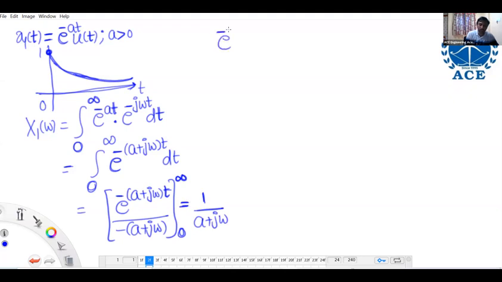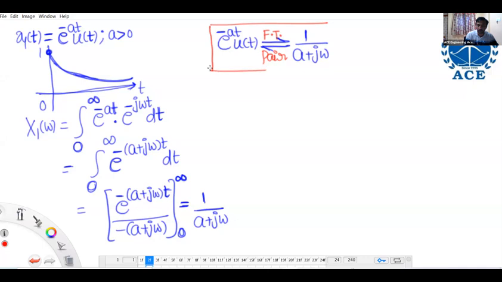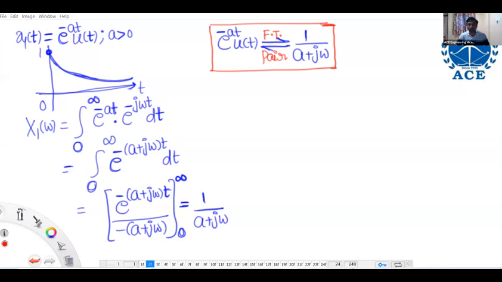So decaying exponential is a transform pair with 1 by a plus j omega. The two-sided arrow means it is called the Fourier transform pair. Fourier transform pair means we have one-to-one correspondence between time domain and frequency domain. Decaying exponential is an energy signal, so the Fourier transform of that function is defined: 1 by a plus j omega.